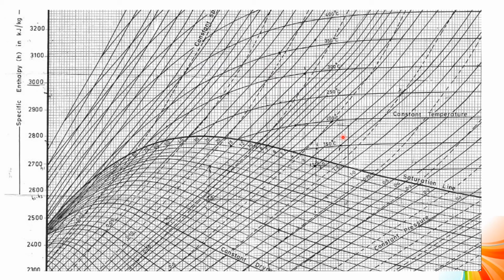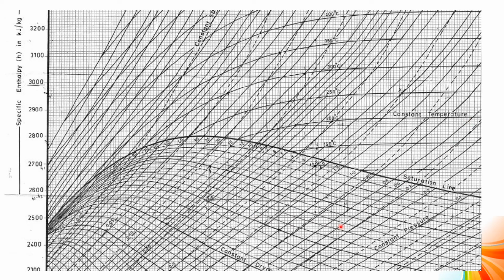See, this is the Mollier diagram. The y-axis of the Mollier diagram represents specific enthalpy in kilojoule per kilogram, and the x-axis represents specific entropy in kilojoule per kilogram Kelvin. The dark curve indicates the saturation line, and the region above this saturation line is known as the superheated region, and the region below the saturation line is known as the wet region.